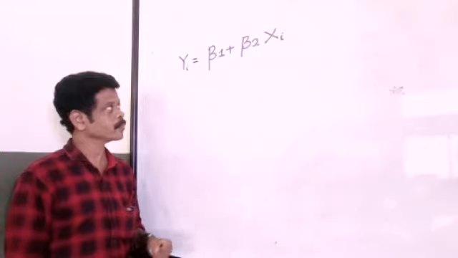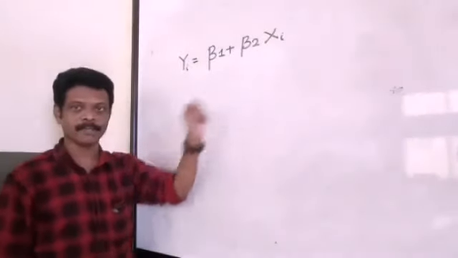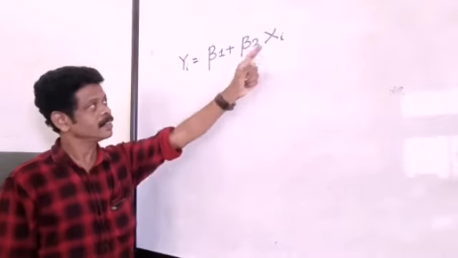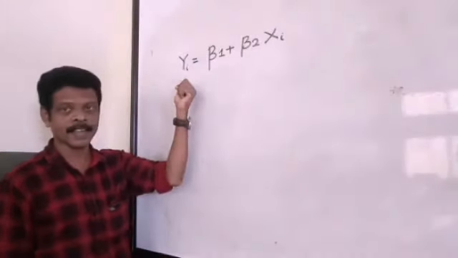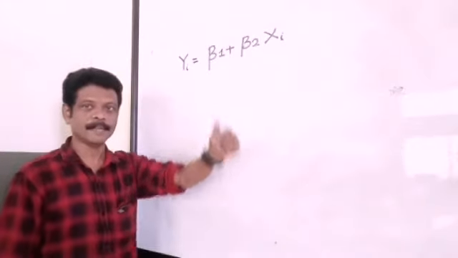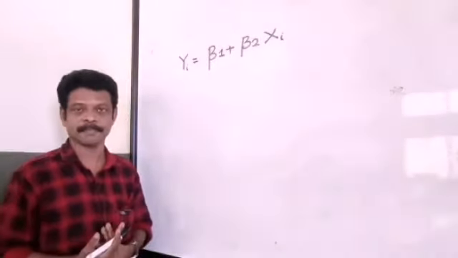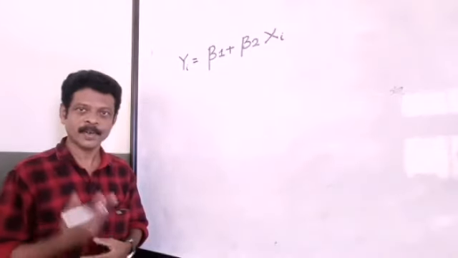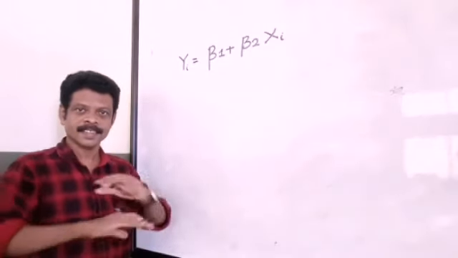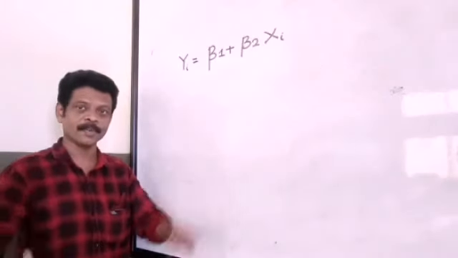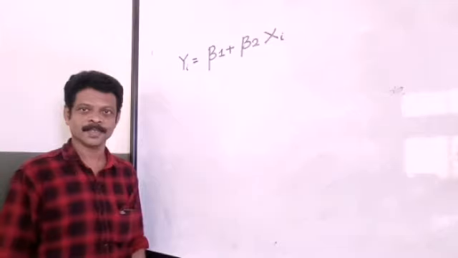And in this model, you can see that the dependent variable y and independent variable x keep an exact relationship. But you know that there is no exact relationship between economic variables.